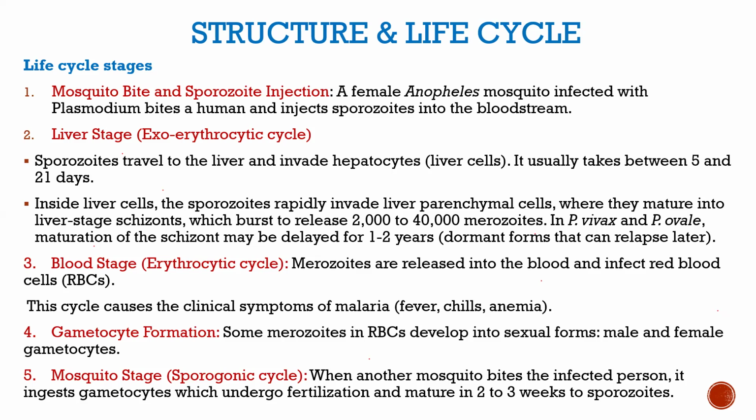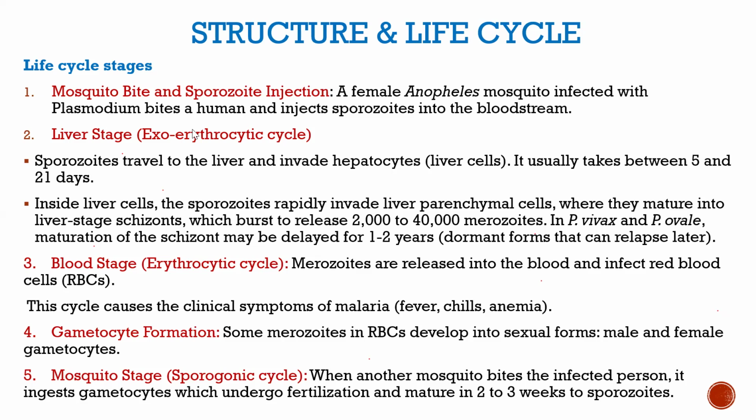This sporozoite is a form of this Plasmodium parasite, the infectious stage. When the sporozoite enters the body, it goes straight to the liver. That's what we call the liver stage or the exoerythrocytic cycle. Exo means that it's happening outside the red blood cell.